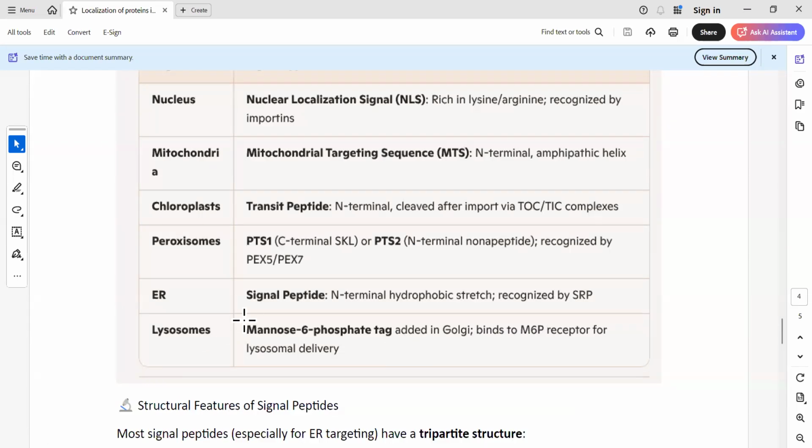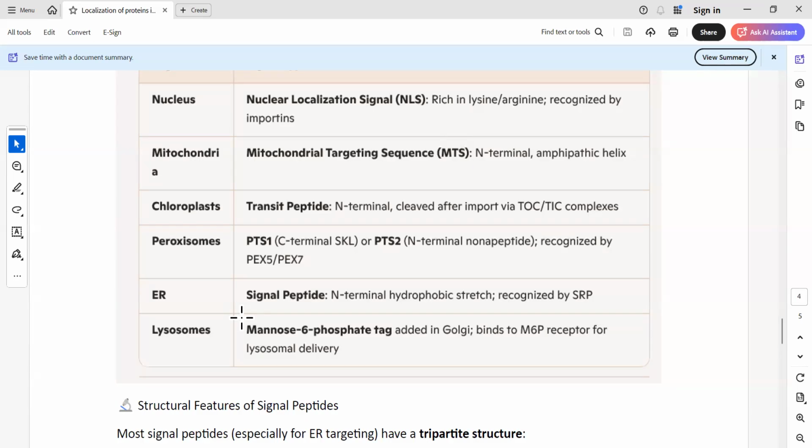This mannose 6-phosphate tag, I said in one place that it's not completely true that no other tag is needed. For lysosome, a mannose 6-phosphate tag is added to the protein in the Golgi apparatus itself. When it enters the lumen of the endoplasmic reticulum, signal peptidase cleaves its signal peptide.